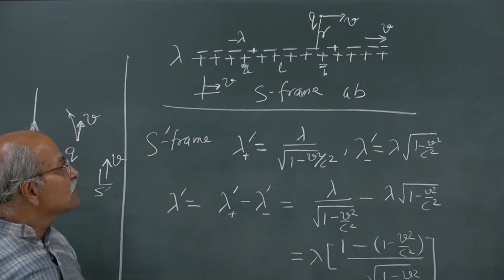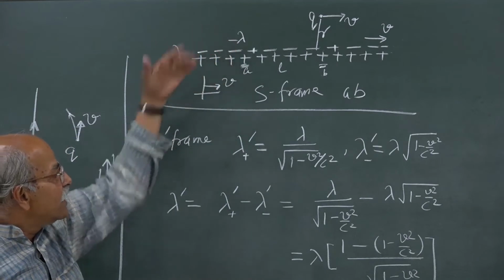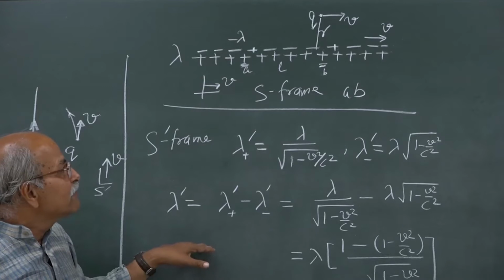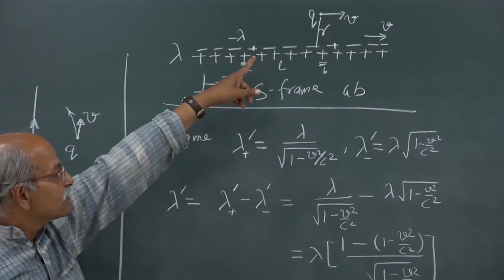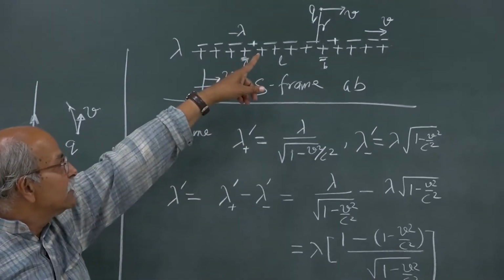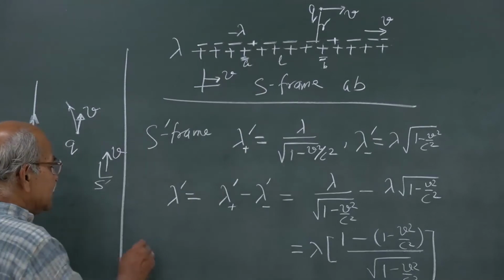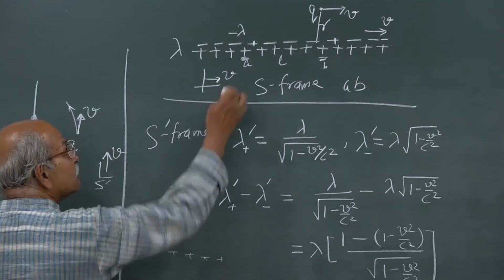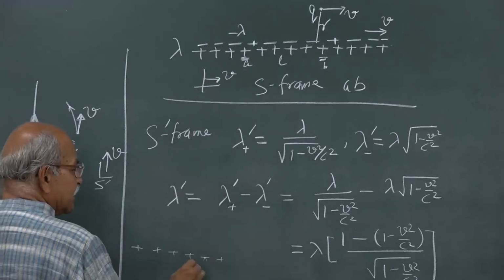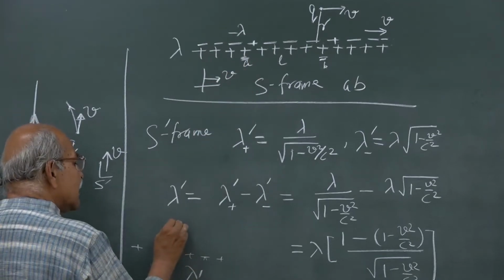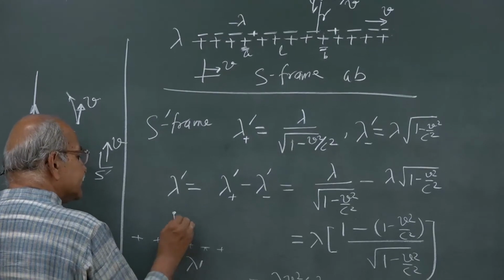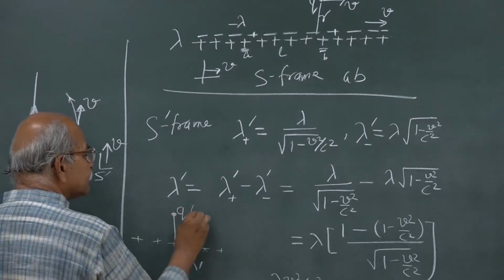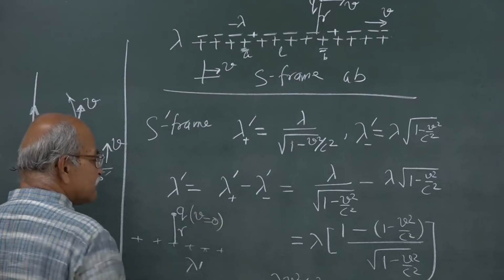What happens to this charge as seen from S prime frame? In S prime frame, this charge is at rest. So, in S prime frame, you have a net positive charge density lambda prime, and then at a distance r I have a charge q at rest in S prime.